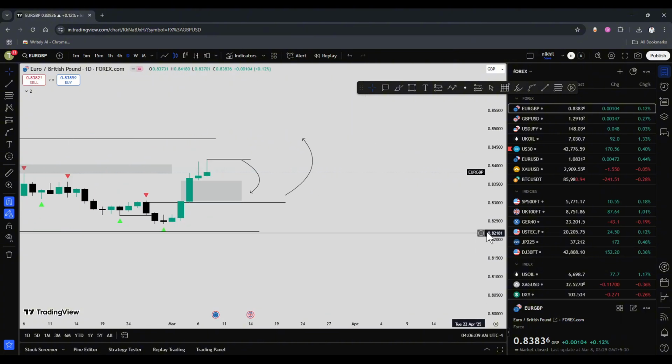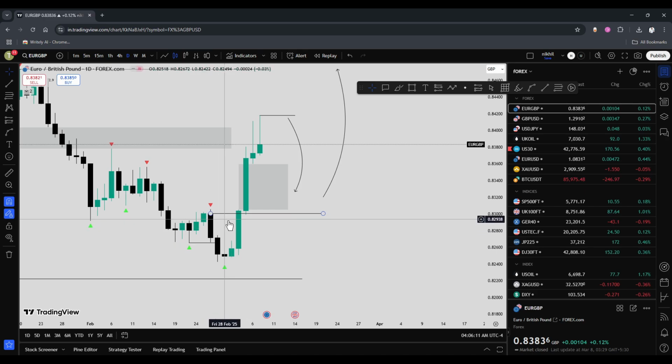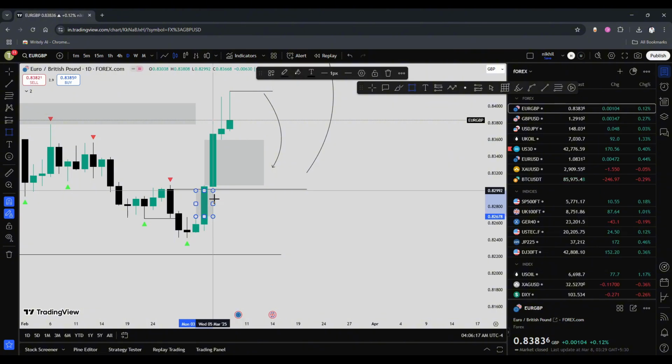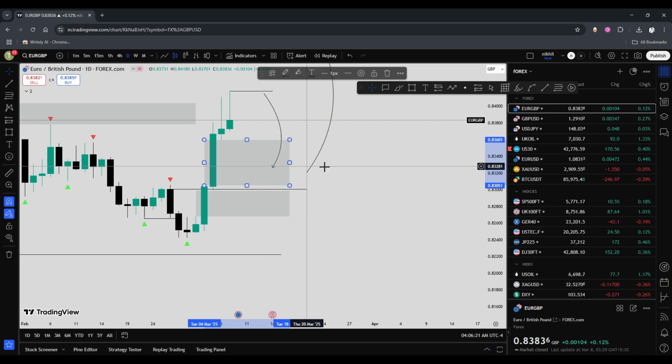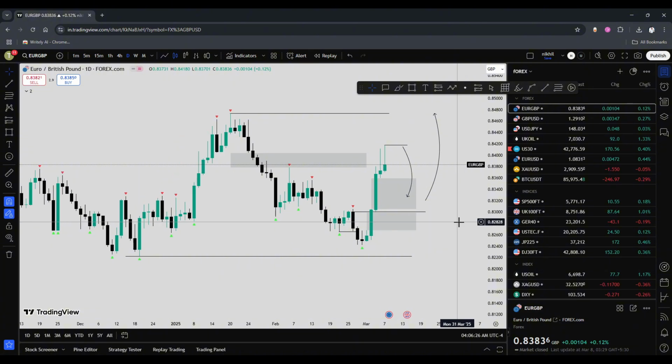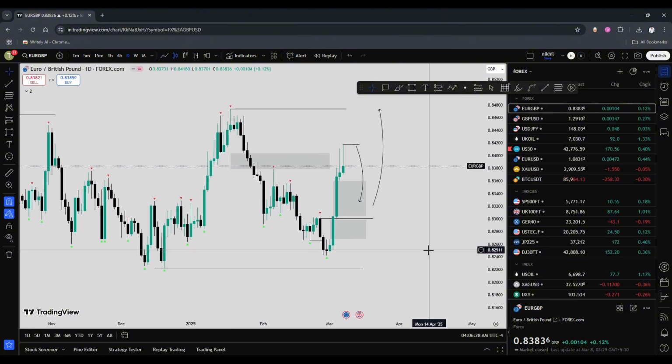Now we have a breakout from this candle right here, so we can also expect a bigger pullback. Every trade which we are going to execute is obviously going to be with confirmation.